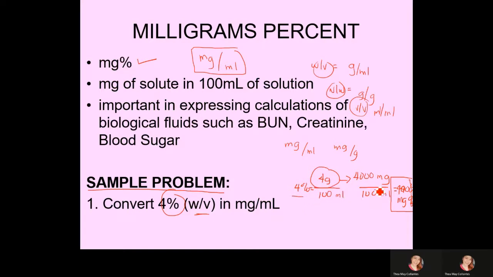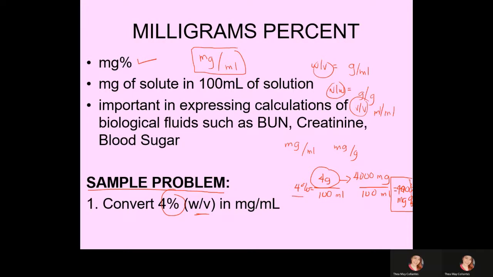If it is in milligrams, and it's still 4%, you just want to express it in milligrams since that is our measure in blood, because the particles in our blood are smaller. That would be 4,000 milligram per 100 ml. And you can conclude that the milligram percent would be 4,000 milligram percent. So it is a valid value.